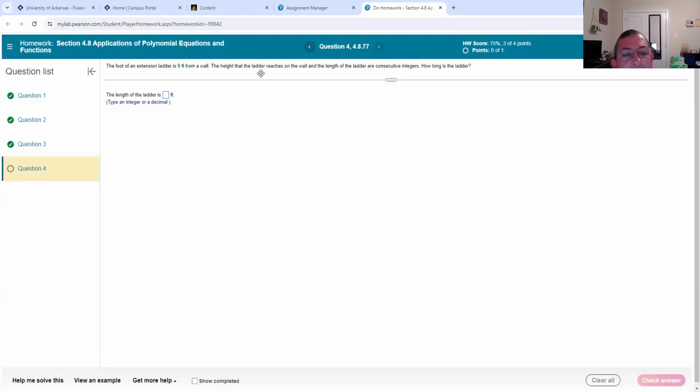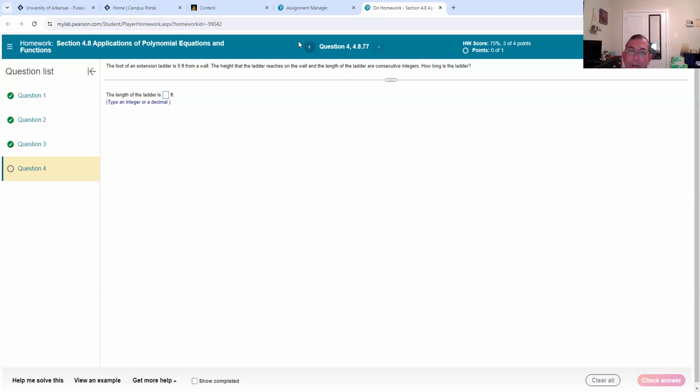Then they say the height that the ladder reaches on the wall and the length of the ladder are consecutive integers. Now, the only thing they want to know on this one, how long is that ladder? So they're only asking for one thing on this one.